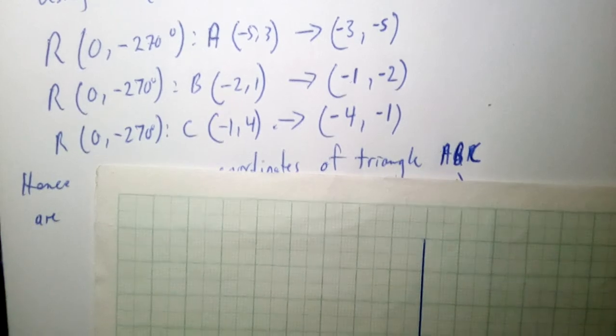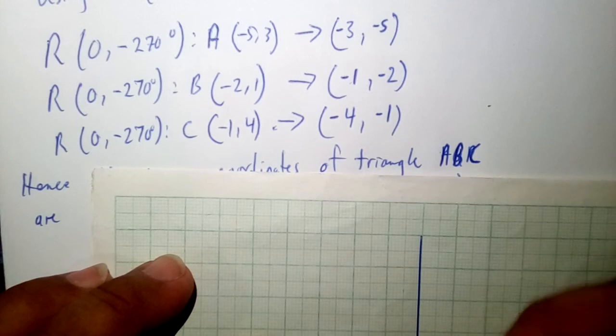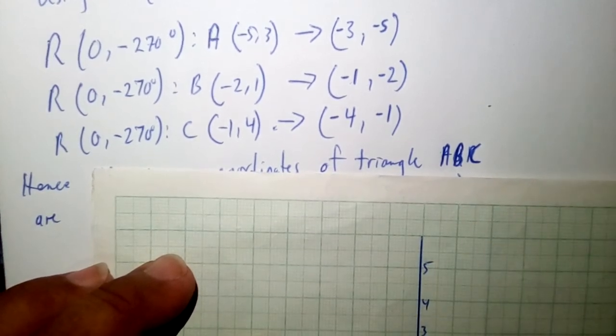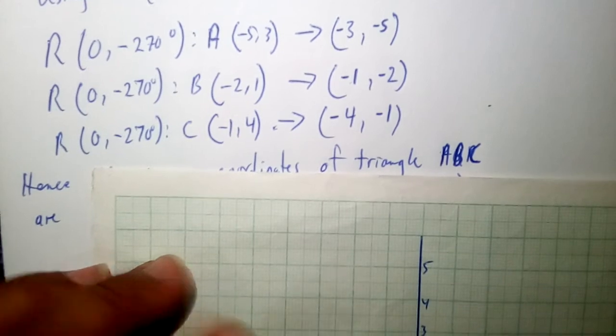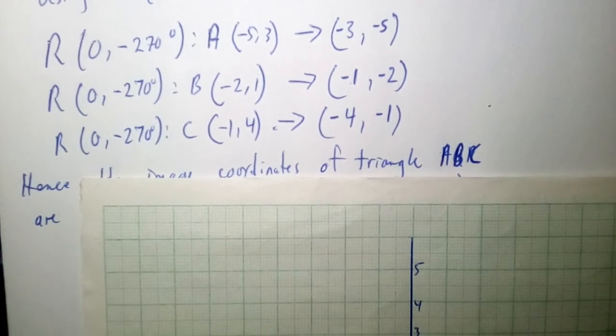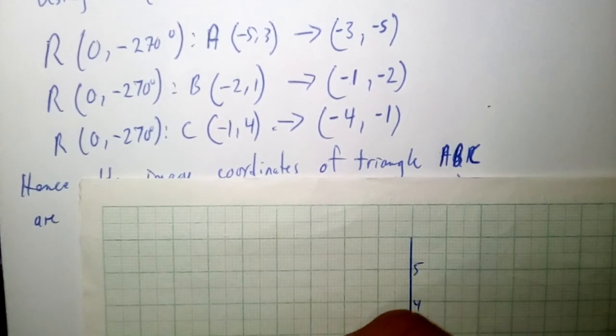Okay, so we have our image now. So we put here 1, 2, 3, 4, 5, 1, 2, 3, 4, 5, negative 1, negative 2, negative 3, negative 4, negative 5, negative 1, negative 2, negative 3, negative 4, negative 5.